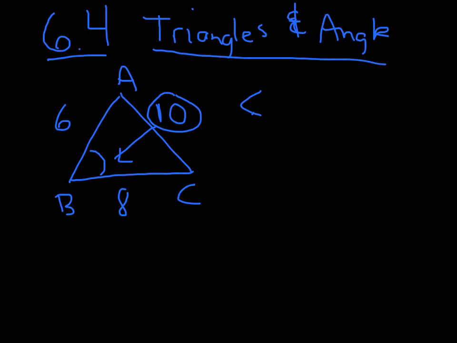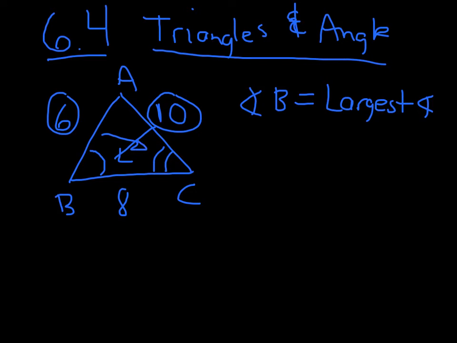So in this case, angle B is going to be the largest angle in this triangle. And across from the smallest side is going to be the smallest angle. So angle C is the smallest angle. And of course, the middle side, which in this case is 8, is going to be across from the middle angle.